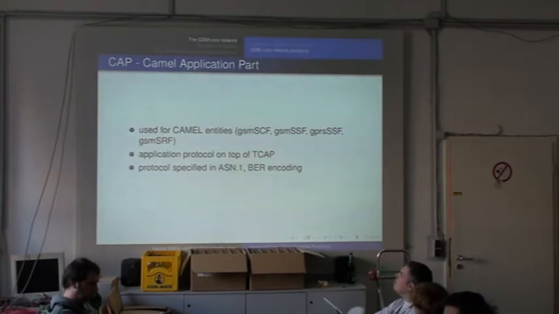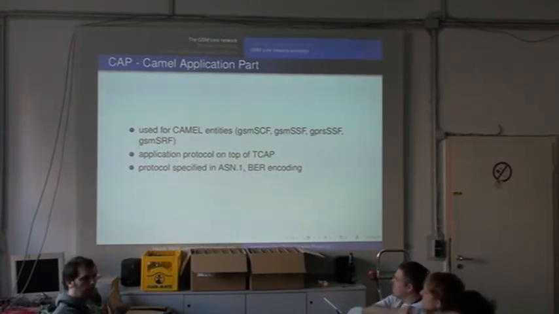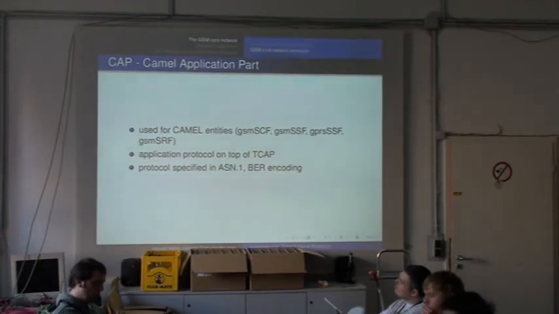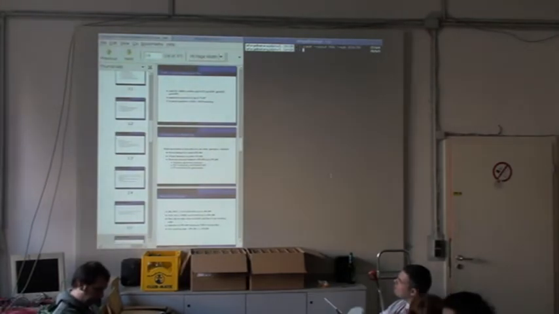Encoding-wise and from a layering point of view, it's just like MAP. It's on the same level, just another protocol that uses TCAP and SCCP and all the lower-level parts.